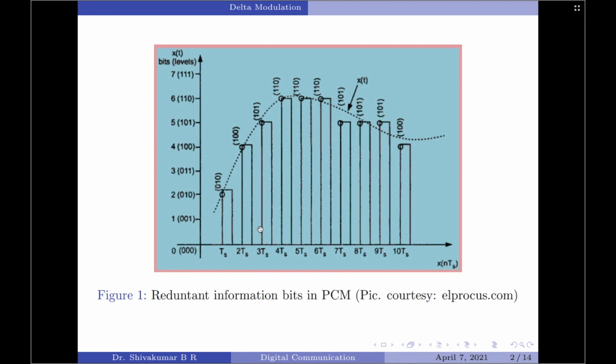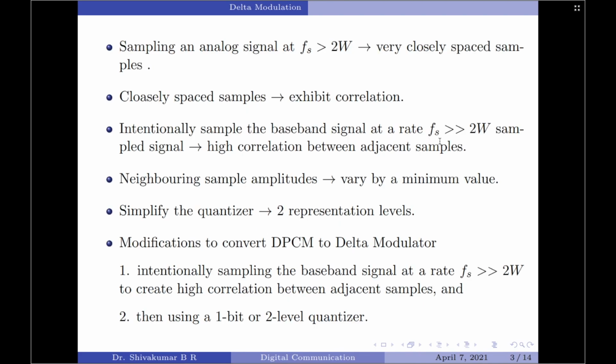So, if we intentionally sample the input baseband signal at a rate much higher than the Nyquist rate, that is Fs greater than 2W, then the sampled signal created will have a very high correlation between any two adjacent samples. This also means that the amplitudes vary by a minimum value.